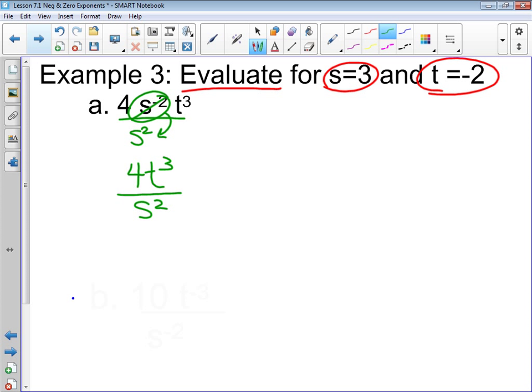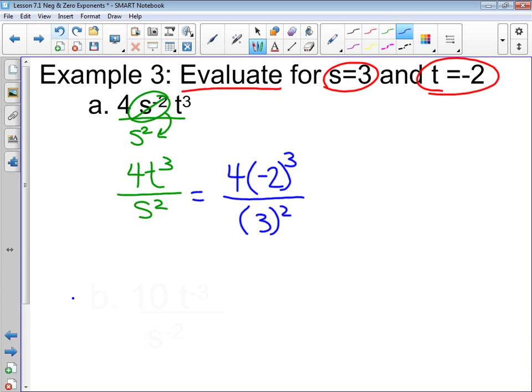And now I can take the values s equals 3 and t equals negative 2, and I can put those in place of those letters. And remember, always replace a variable with a value by putting it in parentheses. So 4 times t is negative 2 to the third power over s is 3 to the second power.